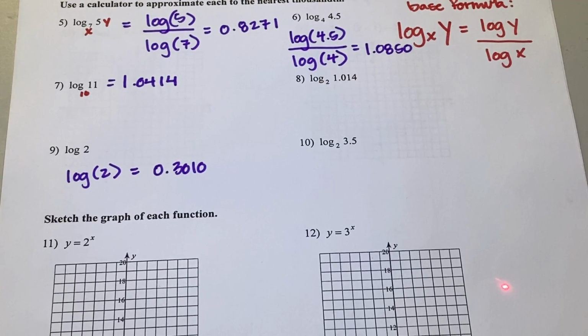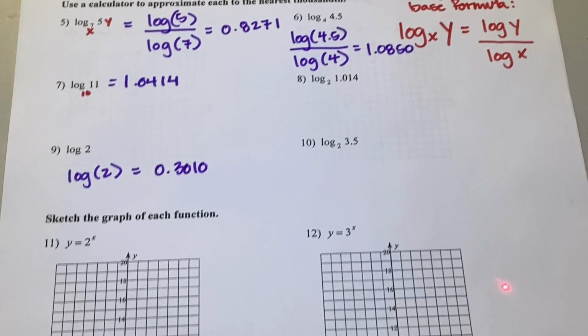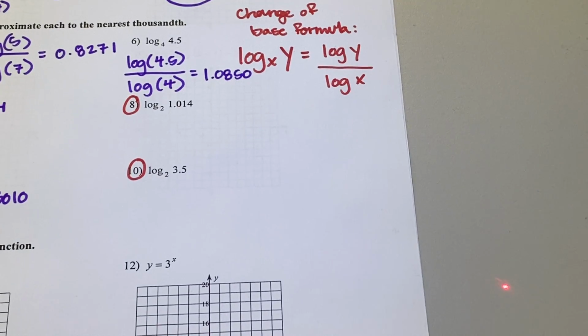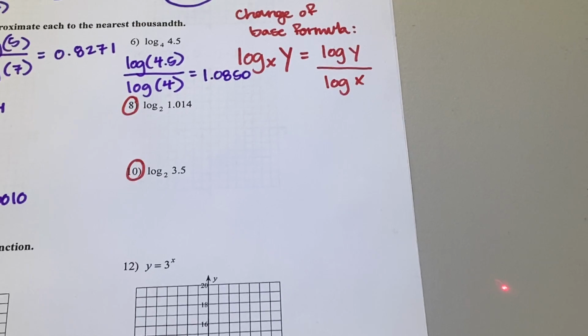Okay, let's get some more practice. Try number 8 and 10 on your own. Just punch them into a calculator. I'll do it as well, and then we'll compare answers. I'm going to freeze the screen, and I'm going to do it as well. Ready, go.